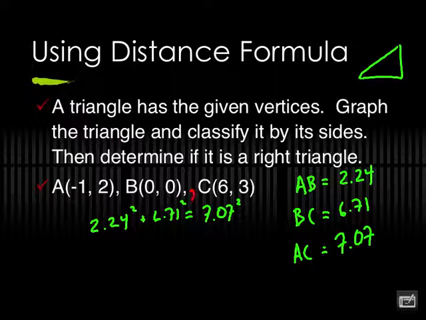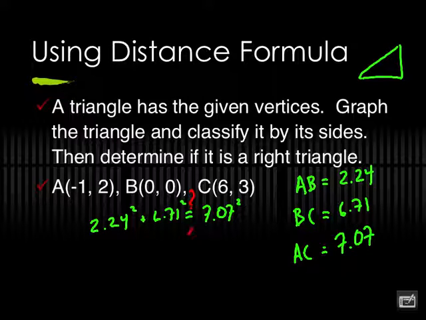I'm going to put a question mark above that because we don't know that yet. Yay or nay? No. Doesn't work. Okay, so which one's bigger? Is this side bigger than that side?